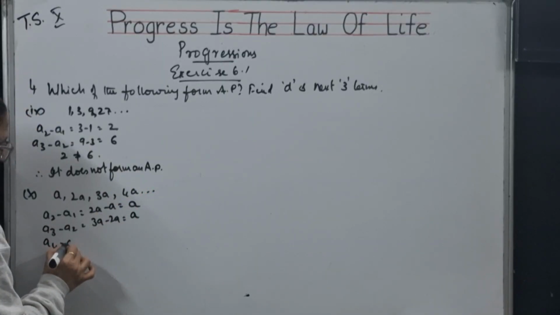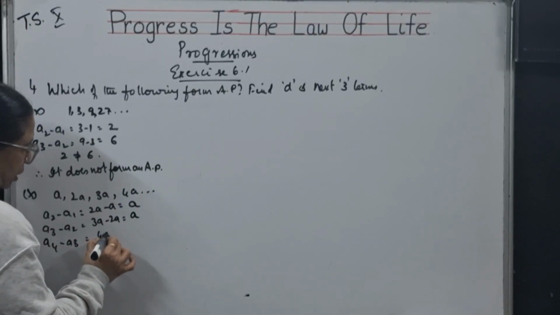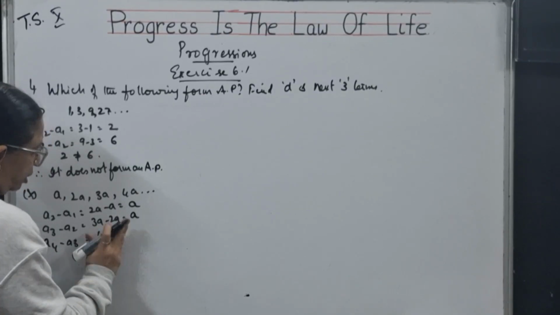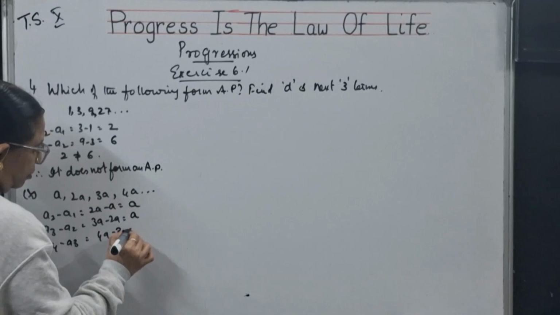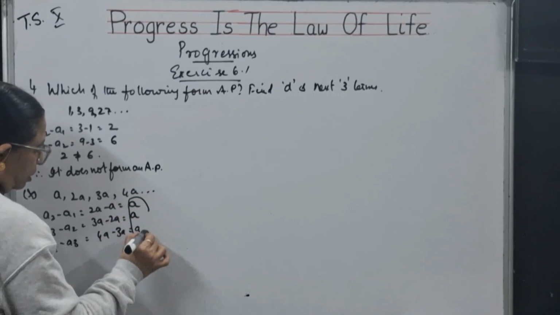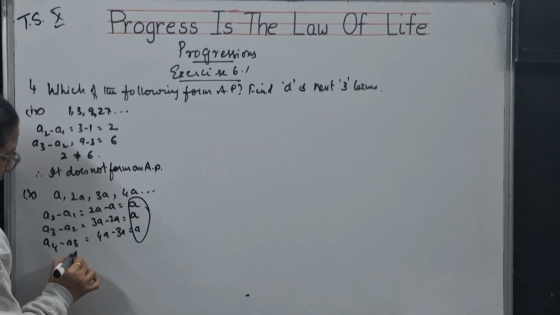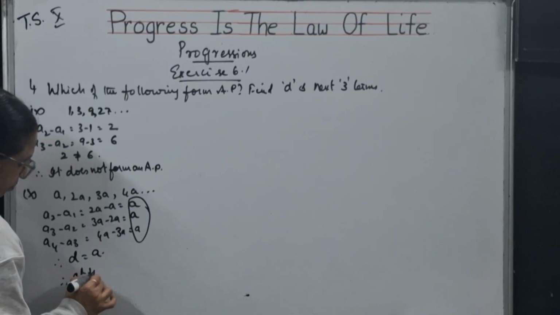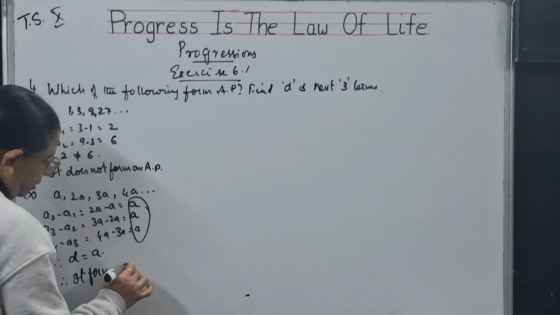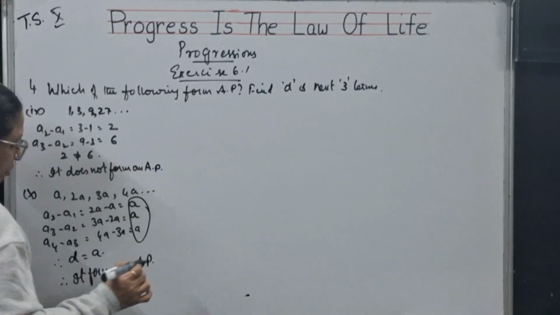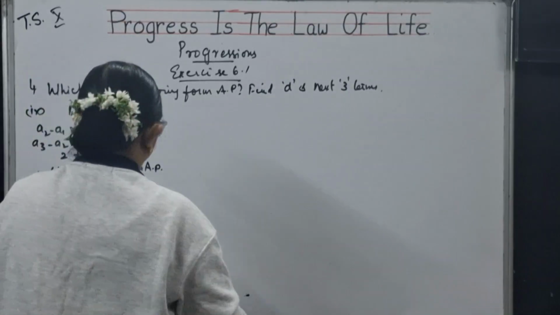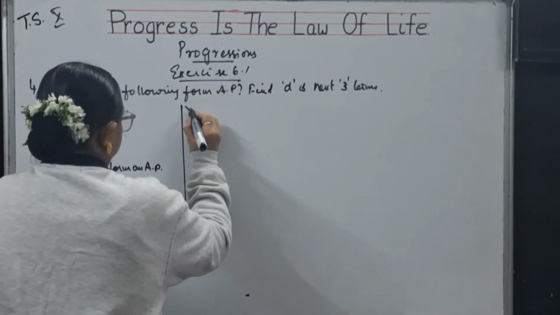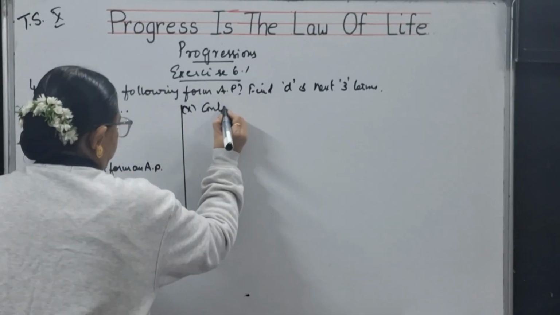And a4 minus a3, 4a minus 3a, this is also a. So you have got a common difference. Therefore, D is equal to a. Therefore, it forms an AP. So when it is forming an AP, the next three terms, this is 10th continued.